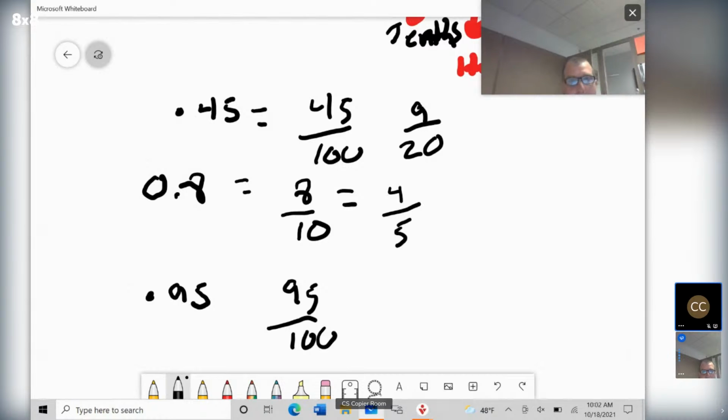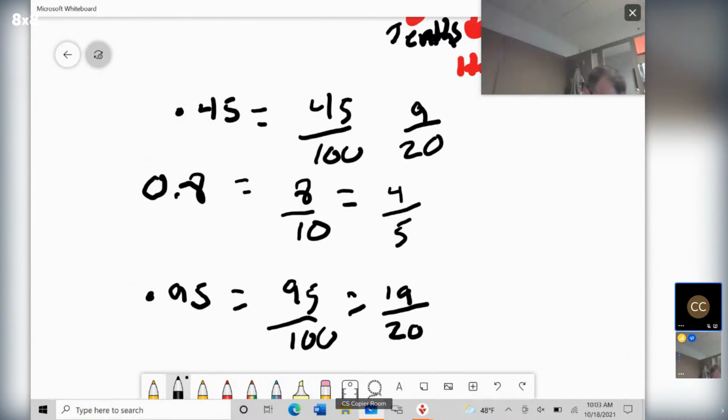And then we're just going to reduce it. We know 5 goes into both those numbers. 5 goes into 95 19 times, and 5 goes into 100 20 times. So 0.95 is going to be equal to 19/20.